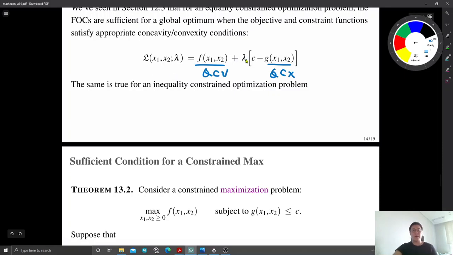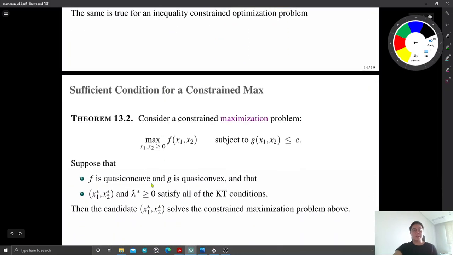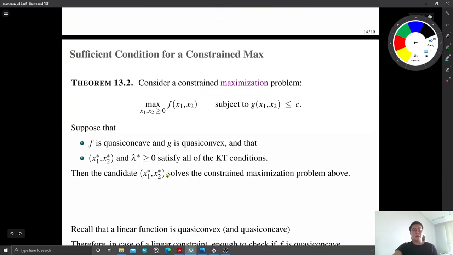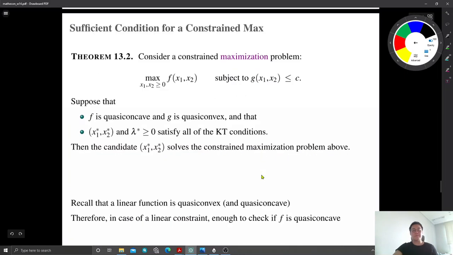Then because lambda is non-negative, and if this function g is quasi-convex, its negative becomes quasi-concave. So the Lagrangian is just a sum of two quasi-concave functions, which is quasi-concave. So in this case, if x1 star and x2 star satisfy all the Kuhn-Tucker conditions, then it's going to be a solution to the constrained maximization problem.